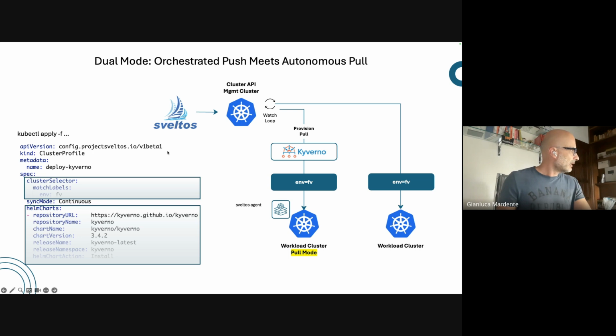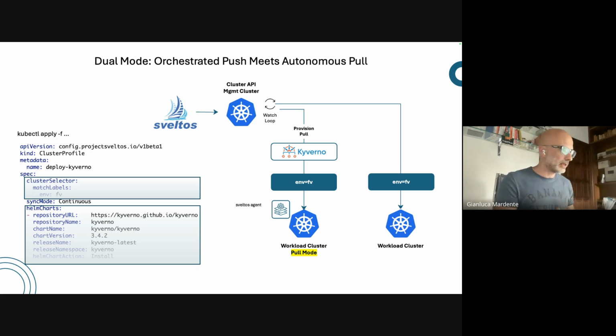So irrespective of whether your cluster is in push mode or pull mode, the way we express what needs to be deployed is always the same. It's a cluster profile, or it's a profile if you're using profiles, because your management cluster is a multi-tenancy cluster. And it's going to be the same also for events.